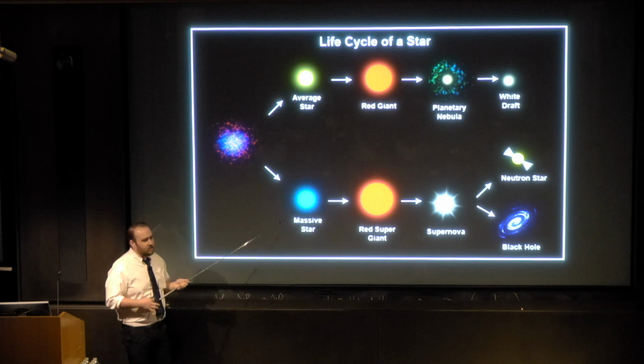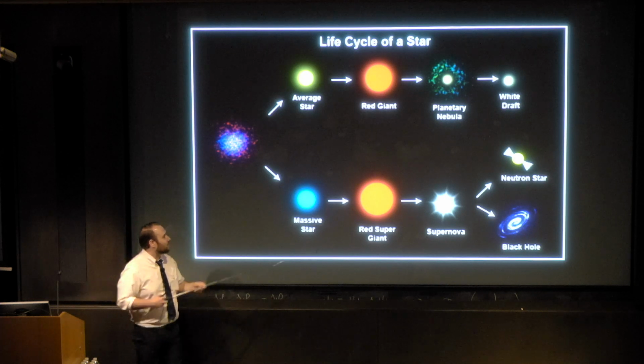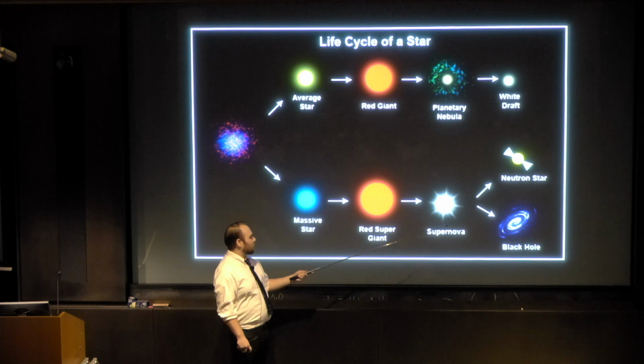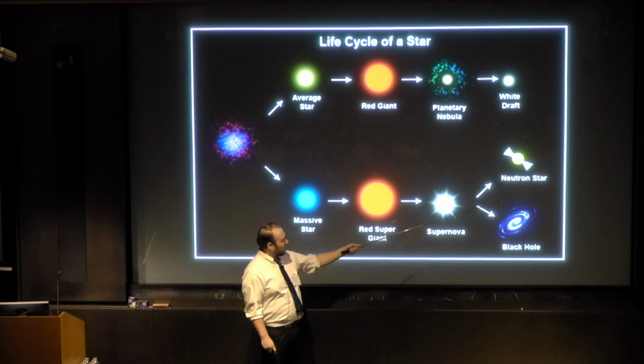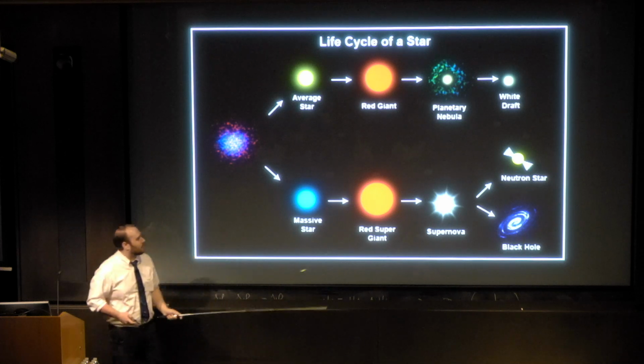However, if you're a massive star, anything above 8 solar masses, you become a red supergiant. These objects will go supernova, and will become either a neutron star or a black hole, depending on the mass of the core when it goes supernova.